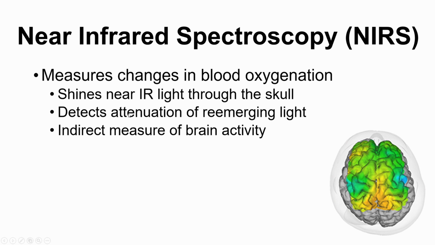They basically look at how that infrared light bounces through the skull off the brain, and the curvature of the light will change depending on oxygenation levels. So this is just another way to measure brain activity, but it's not as precise or as refined as the others. It's just something I wanted to mention, again, because it's kind of interesting.